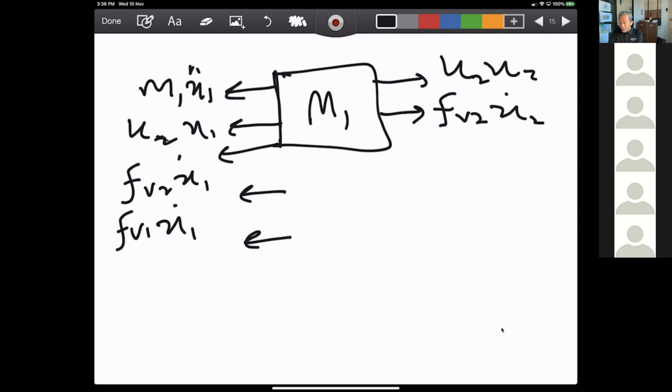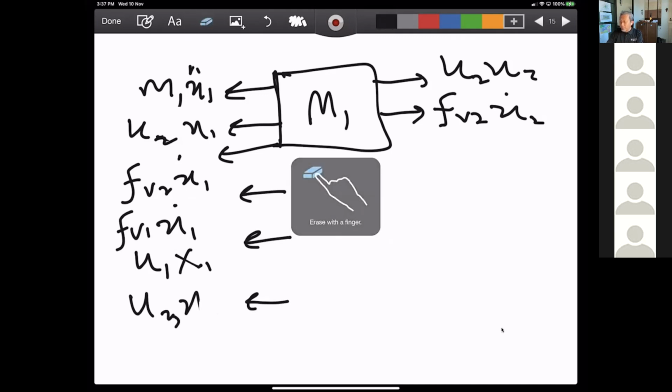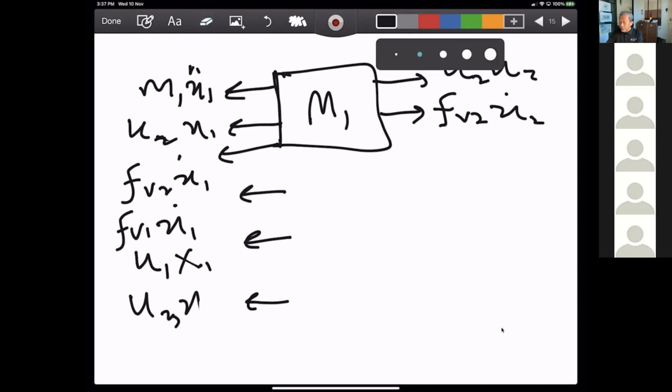So K1 X1, K2 X2. Sorry, not K2, K3 X1. Then lastly is the FV3.